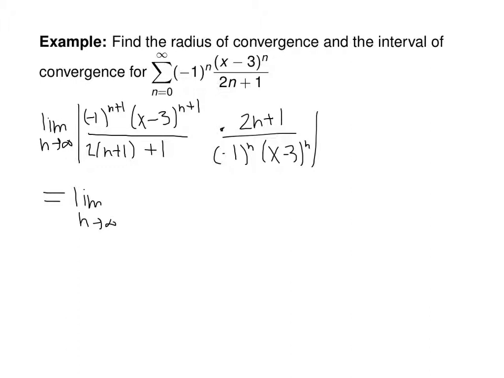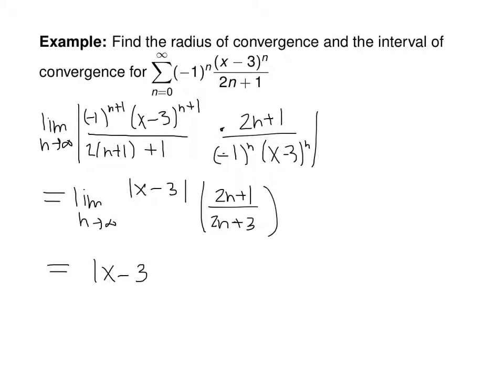Those negative 1 to the n's don't matter because when you take the absolute value you get 1, so they can just go away. Then we will have a single absolute value of x minus 3 left behind, and a (2n plus 1) over (2n plus 3). So this limit is the absolute value of x minus 3, and we will have convergence if this is less than 1. So my radius of convergence is still 1.